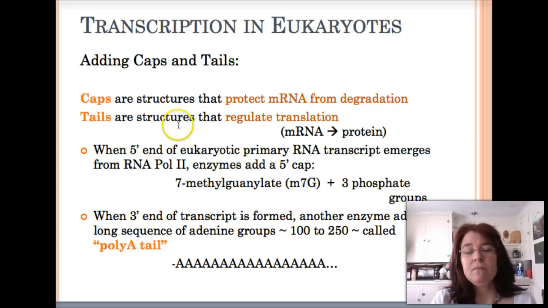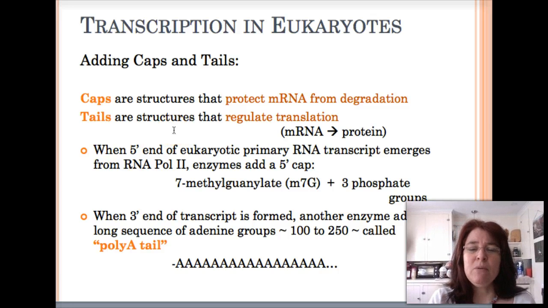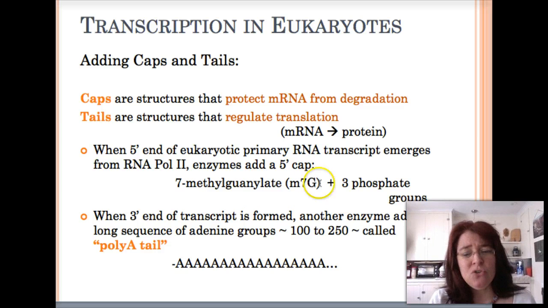So, in terms of the cap, the 5' end of this mRNA molecule is going to have a cap added to it in the form of a molecule called 7-methylguanylate, or m7G, in addition to 3 phosphate groups. So we're going to place at the 5' end m7G and 3 phosphate groups, and this is going to function as the cap.